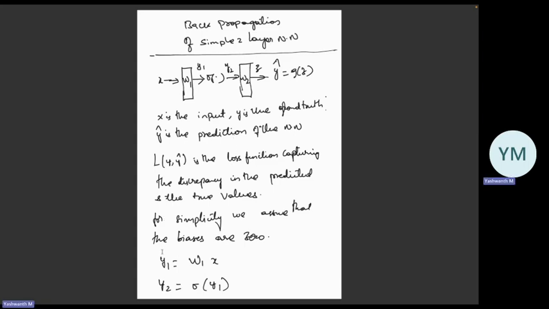As described, y1 is given by W1 times x, and y2 is obtained by operating a nonlinearity on y1. This is essential, otherwise this would be a simple linear network if there were no sigma.